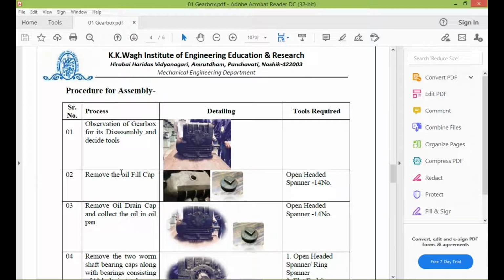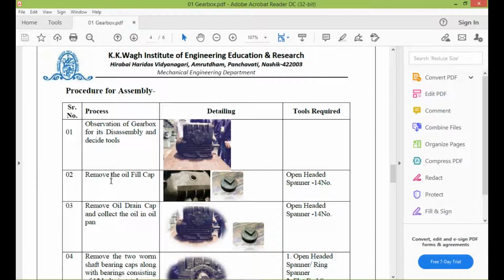Okay, second step, obviously if there is a gearbox, you first remove the oil present inside that gearbox. Here two caps are present, one called the oil fill cap and one called the drain plug cap.